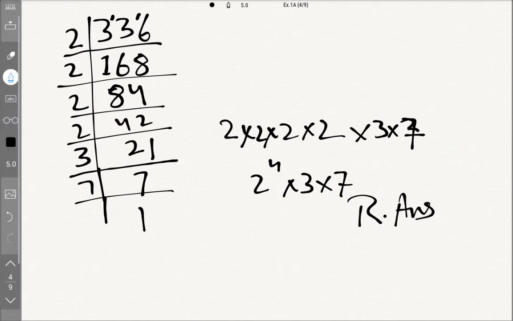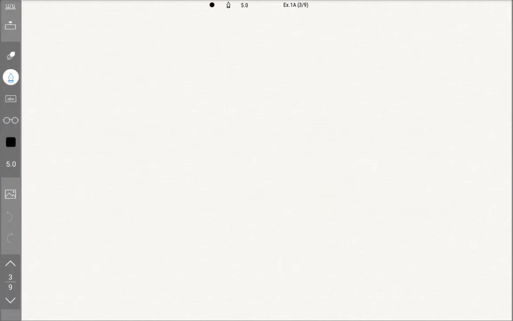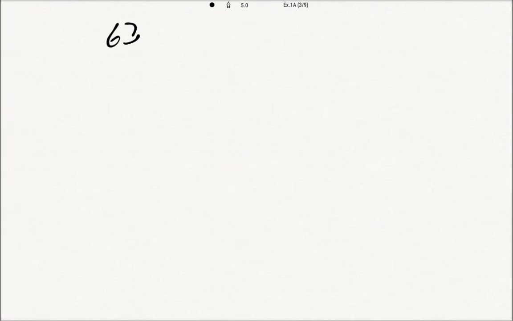So now we solve the other. 630, 2 3s are 6, 2 1s are 2, 1 remaining, and 2 5s are 10. Now the last number is 5, so it is not divisible by 2.